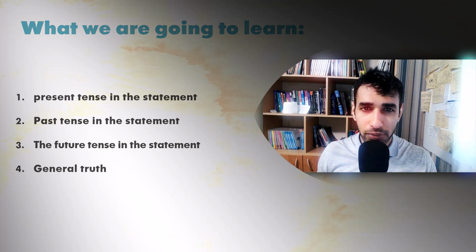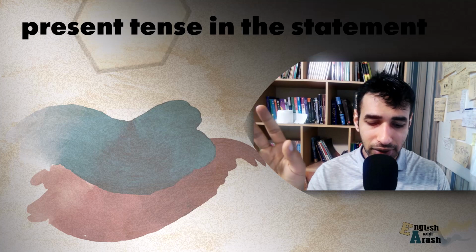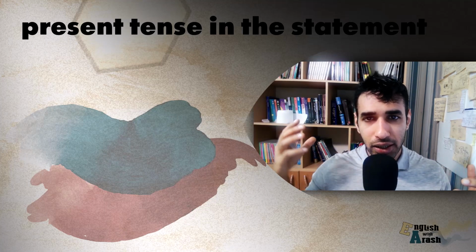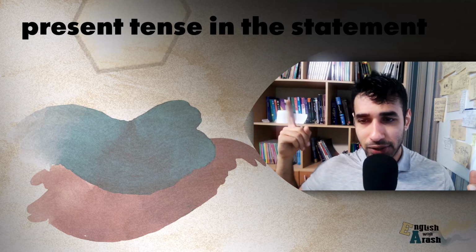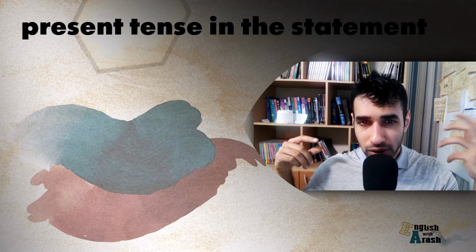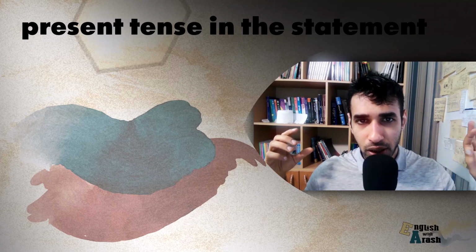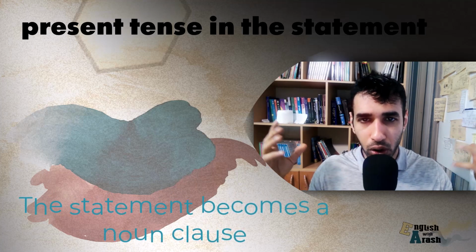Let's dive in. The first one, present tense in the statement. When a statement in direct speech, somebody is telling something to me, is reported to indirect speech, the statement becomes a noun clause.